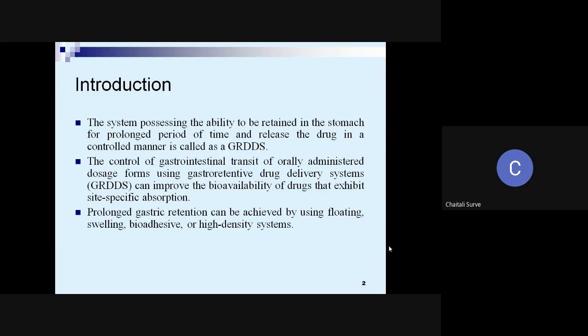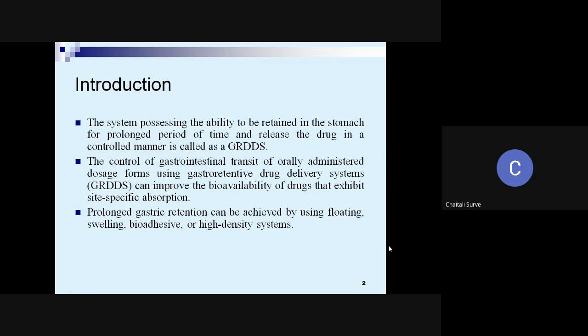Now, over a period of years, we have made several attempts to make a good GRDDS, or gastric retained drug delivery system, to overcome the limited regions and time for absorption in the GI tract. What we basically do is retain the drug in the GRDDS by one of two options.